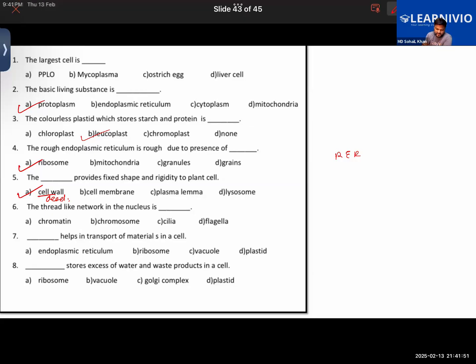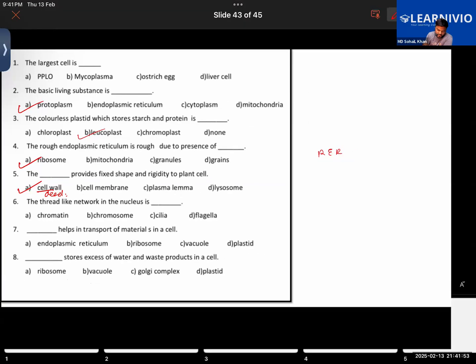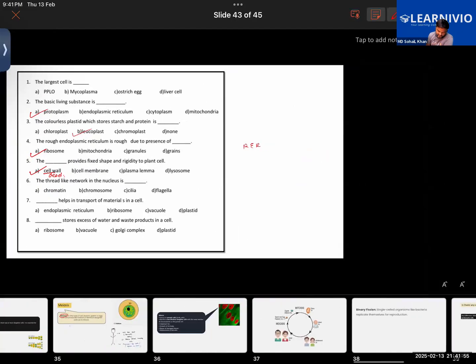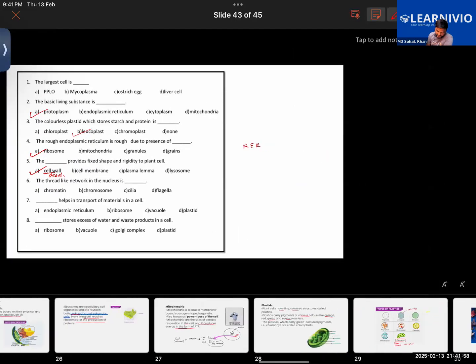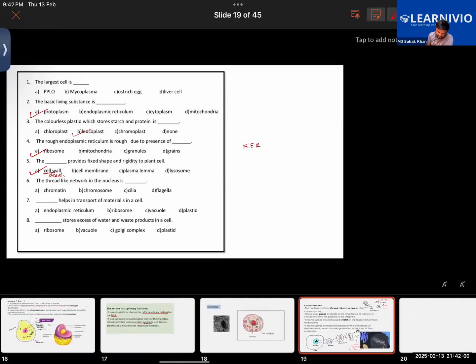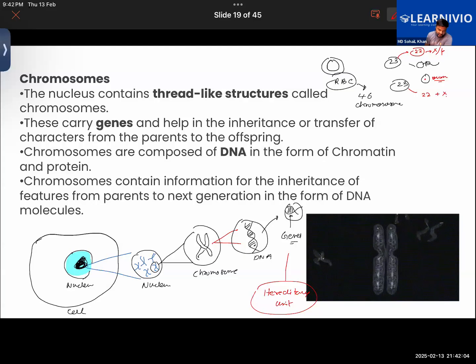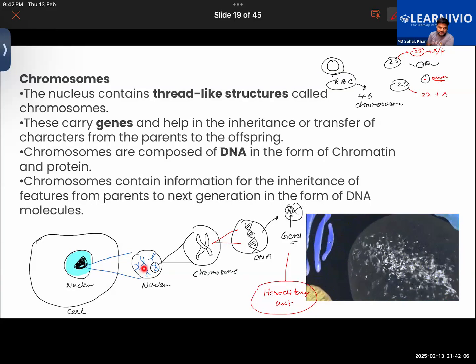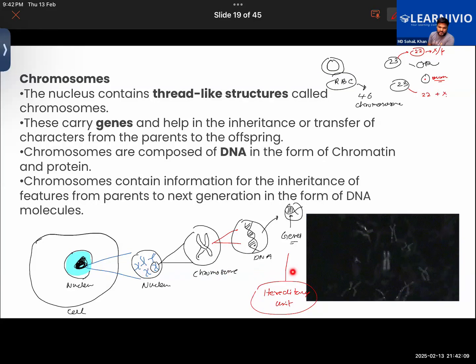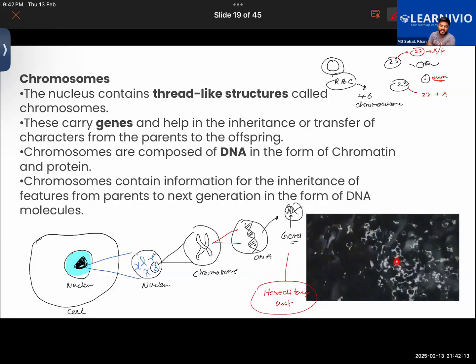No, no, flagella is a different thing that helps in locomotion of the cell. They are present on different kinds of microorganisms. Take a look at this thing over here first. Inside the nucleus, remember I told you there are some thread-like structures that we call chromosomes. So those thread-like structures are actually chromosomes.